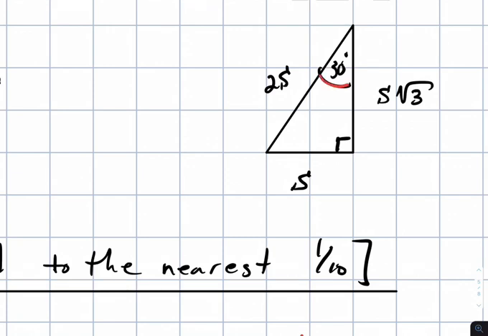My favorite place to start is right here at 30 degrees. 30 degrees is very special. Okay? I look at this degree. I look directly opposite, and then I label it S immediately. The next one, as I look at the 60, I look right across from that, and I always label it S root 3.